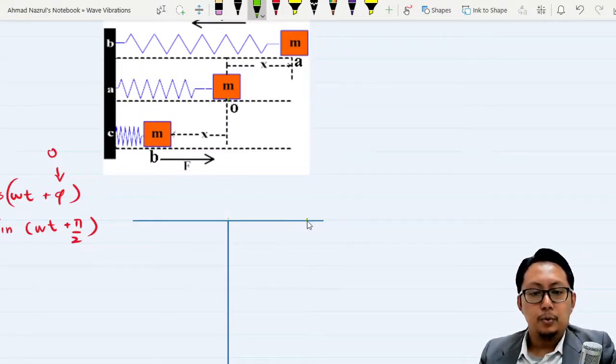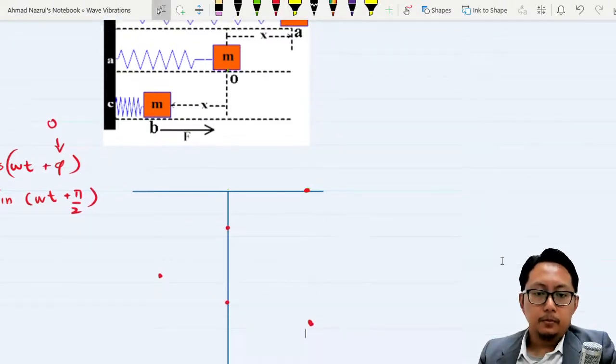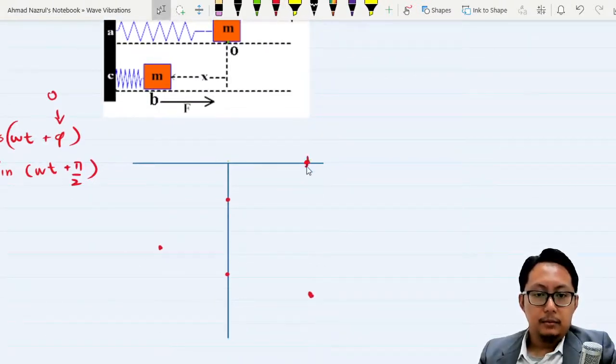We need to pull the mass, and then the mass spring will oscillate, go to the center here, then going back to the compressed position here. This will be the point here, and then going back to the center, and finally going back to the starting point. So it's something similar.